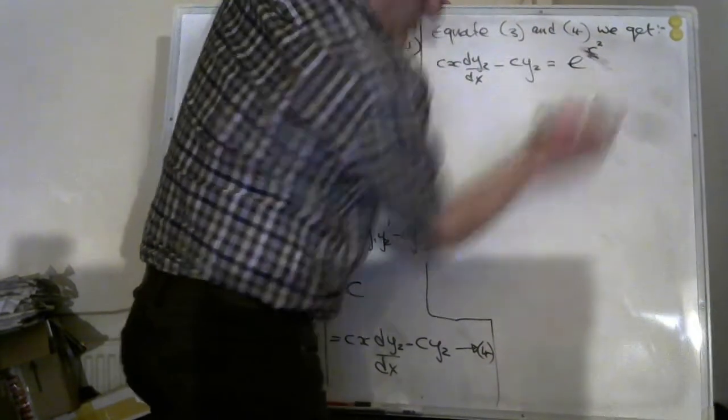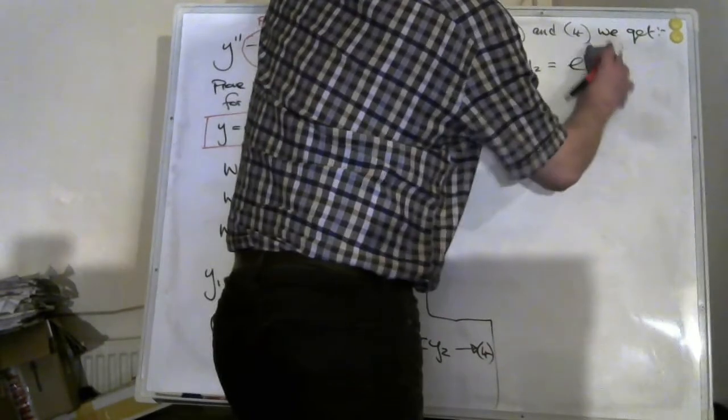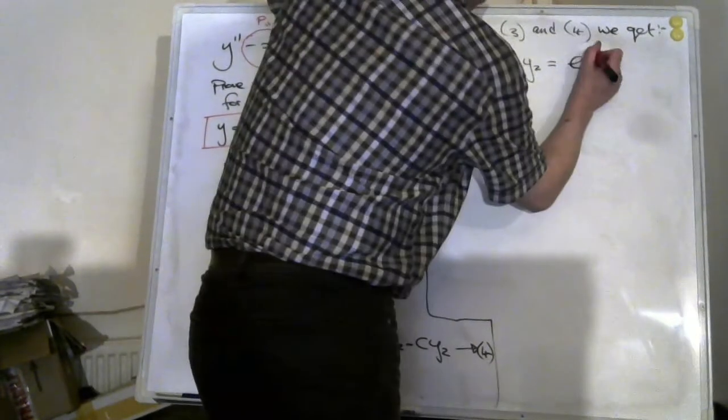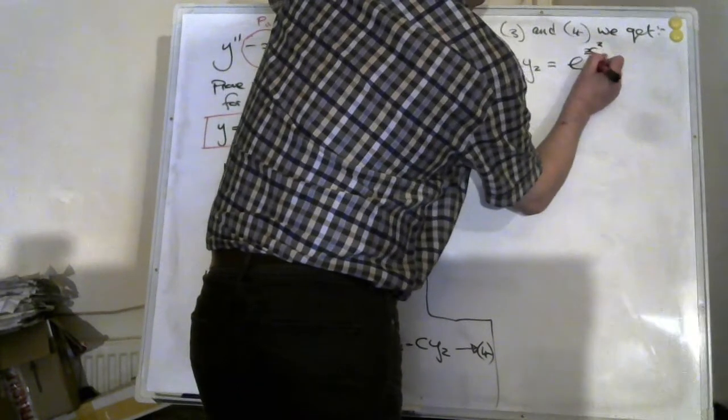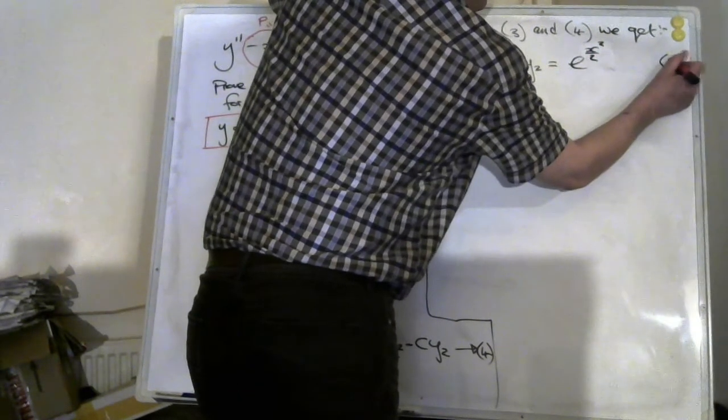Let me write that more neatly. e to the x squared over 2. And we'll call that equation 5.